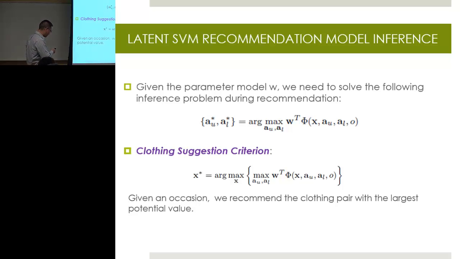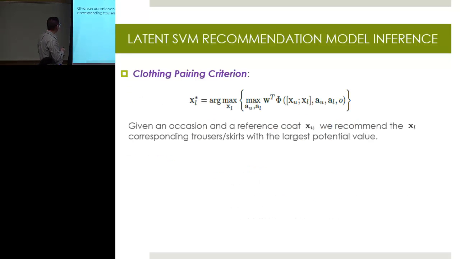And the third function is that you can perform this kind of clothing pairing. What do I mean? Sometimes our upper body clothes is fixed, and you want to recommend the lower body clothes. For each lower body item, you combine it with the upper body, you get the input X, and then use this function and select the attributes for upper body and lower body with the maximum output, and then you can get a score.